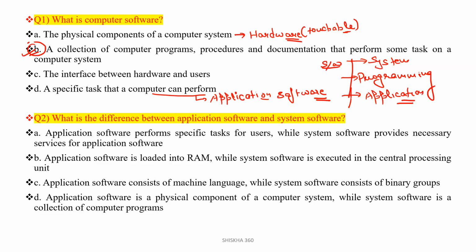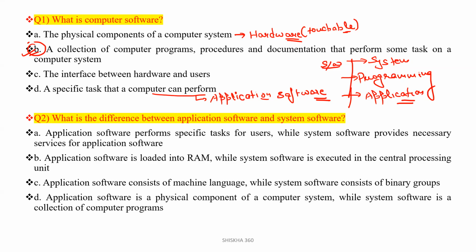Now move to the next question. The second question says, what is the basic difference between the application software and the system software? Option A, application software performs specific tasks for the users, while the system software provides the necessary services for the application software.